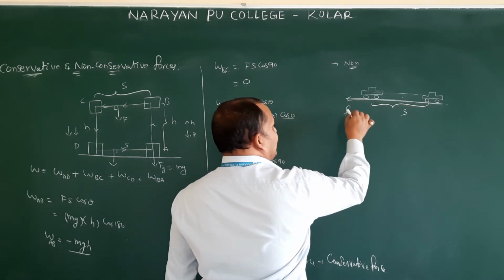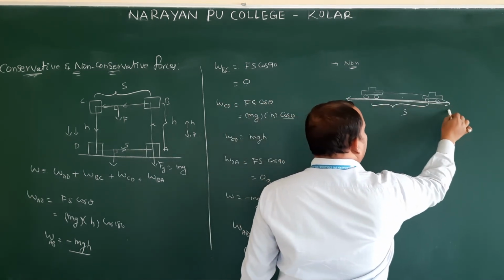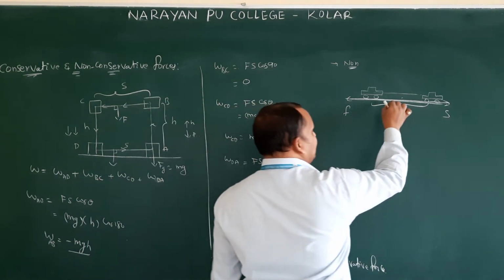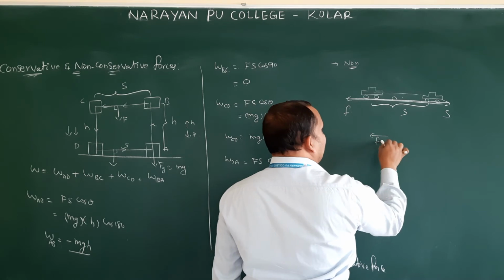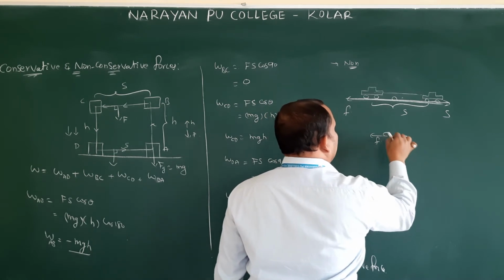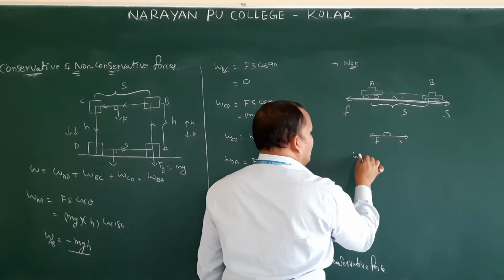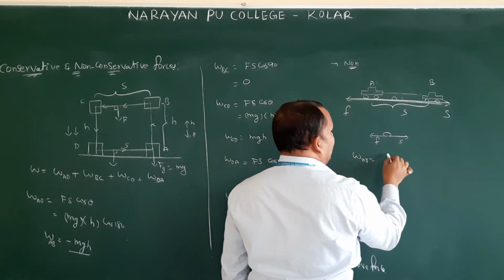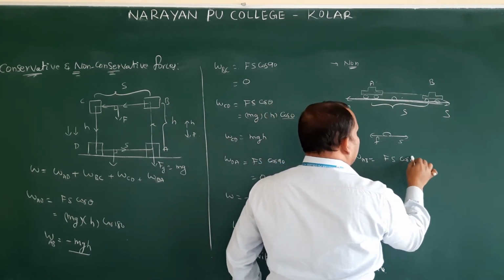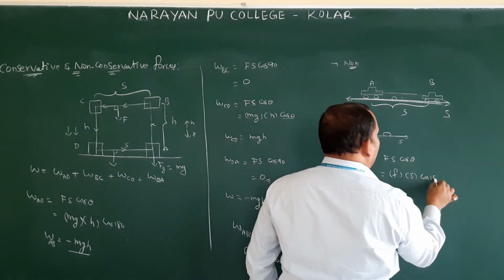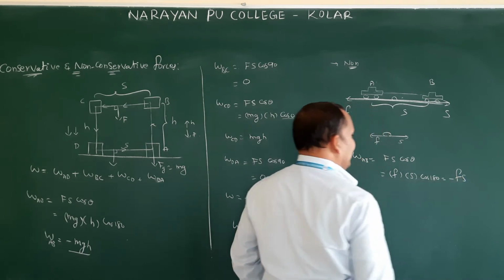Because of frictional force. Displacement is in this direction, frictional force is in the opposite direction. Now, what is the angle? The angle between frictional force and displacement is 180. So work done from A to B is equal to Fs cos theta. F is frictional force, s is displacement, cos 180, so minus Fs.